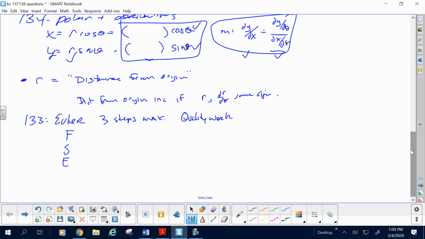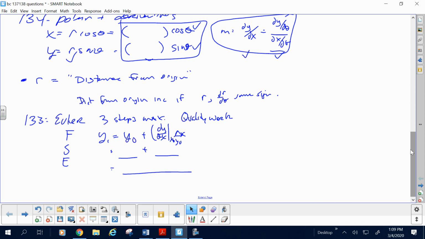And the rubric I use will be: for every iteration you show the formula, y1 is y initial plus dy/dx at x initial, y initial, times delta x, and then you substitute numbers in, and then you evaluate. My rubric looks something like this. If they don't have this, stop reading.